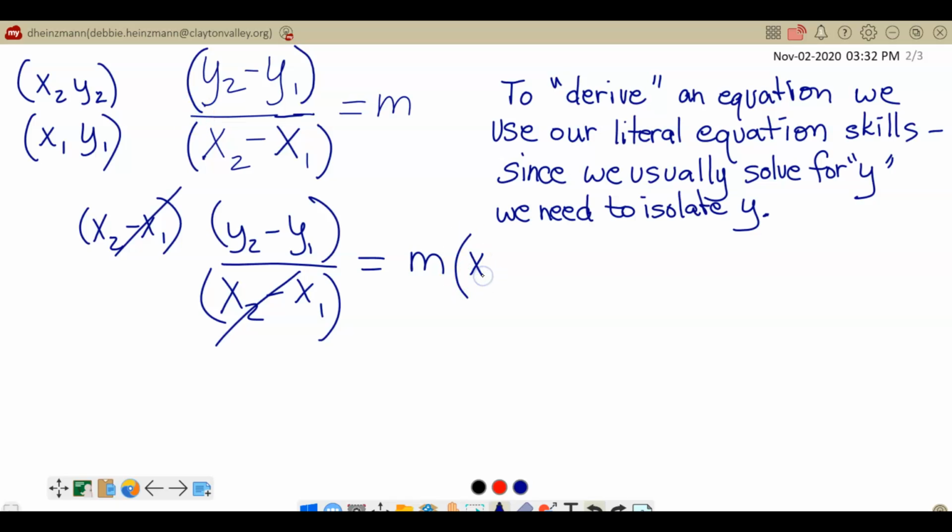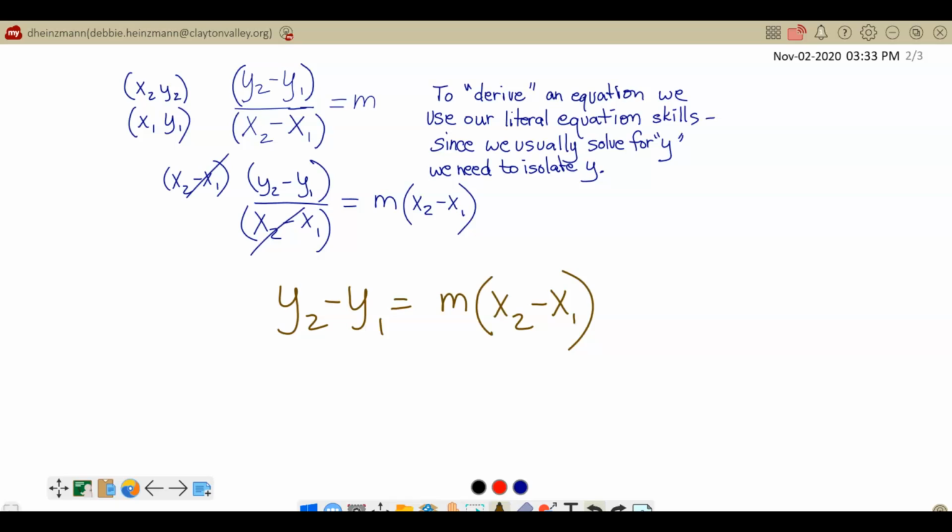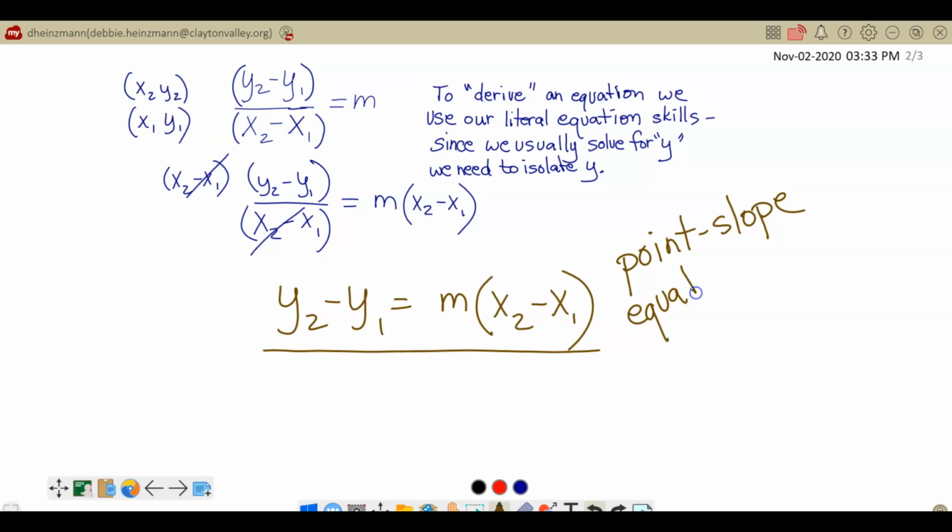So here we go, x2 minus x1. After rewriting this, behold, I present to you, class, this is the point slope equation for a line, from the slope formula.